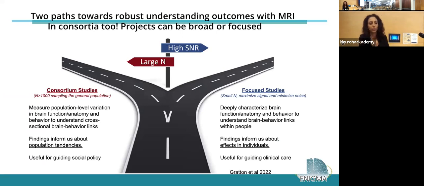I know you saw this from Professor Gerton a couple of days ago, but there are these two paths towards this robust understanding of outcomes within consortia too. So we can have these very general questions that we're asking across multiple data sites or data sets within a consortium, but they can also be very focused.